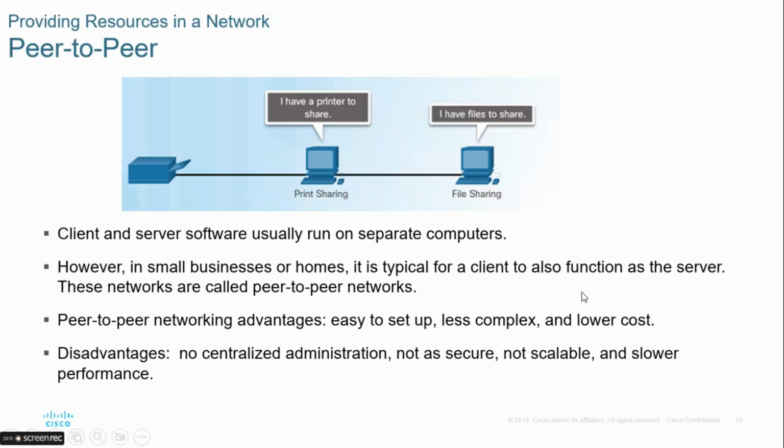Also, there is lower performance because this link supports all the nodes that are there. Assume we've got maybe 10 nodes here, and it is running Fast Ethernet, that is 100 Mbps. It cannot support all those 10 nodes. Its advantages are that peer-to-peer networking is easy to set up, less complex, and lower cost.